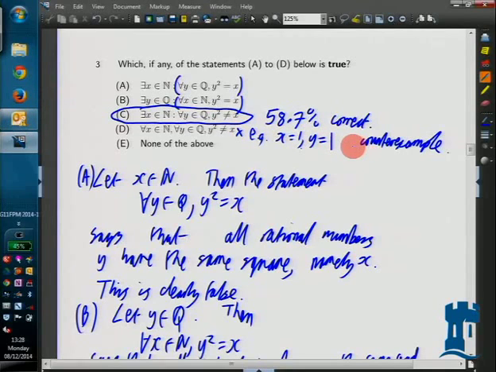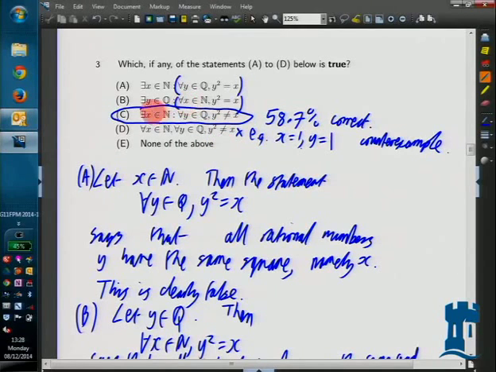So it was a particularly friendly one for finding a counterexample, and I got it wrong. It tells you that I should have read my own statement. Yes, so this shows that you can have a pair x and y where y squared is equal to x. Therefore, the for all x and for all y, they're different, was wrong. Thanks for pointing that out.